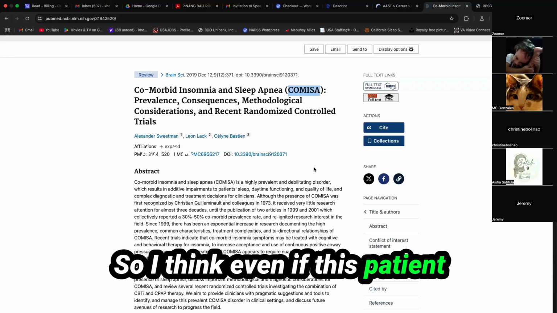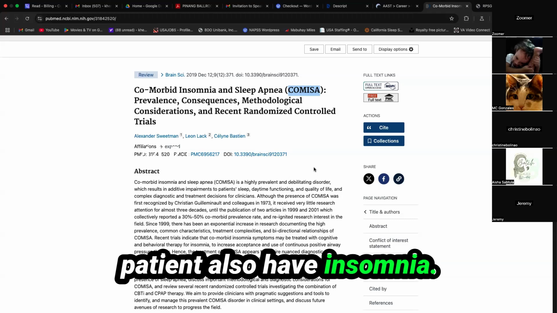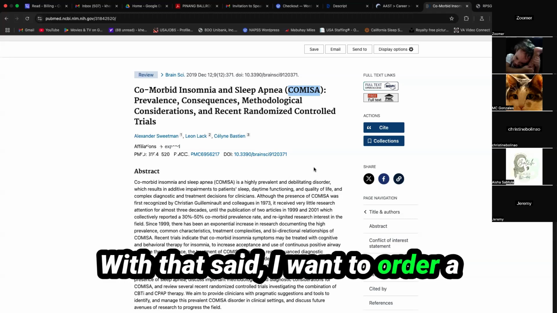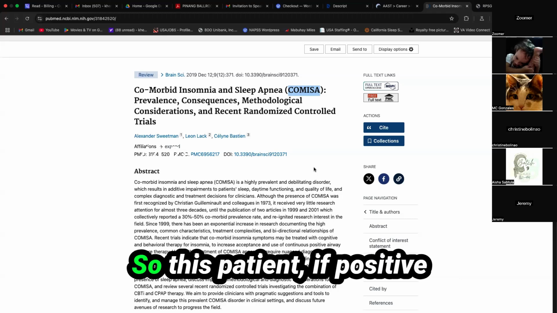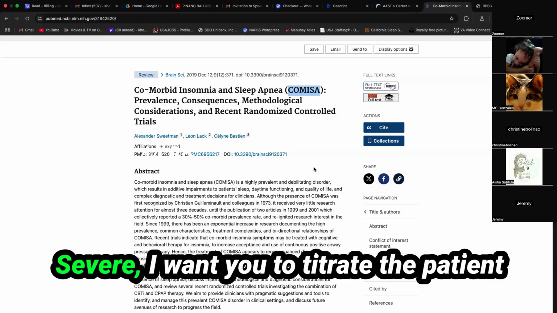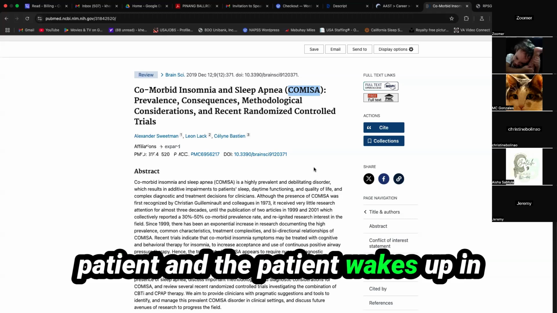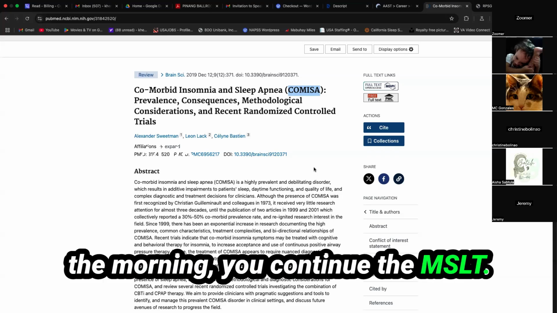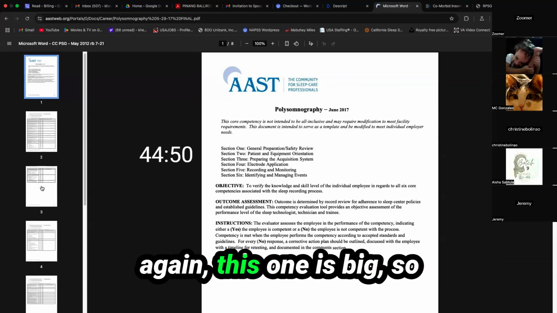So even if this patient has some apnea, I think this patient also has insomnia. With that said, I want to order a PSG plus MSLT for this patient. If positive for apnea and the apnea is severe, I want you to titrate the patient. And after you finish titrating the patient and the patient wakes up in the morning, you continue the MSLT.